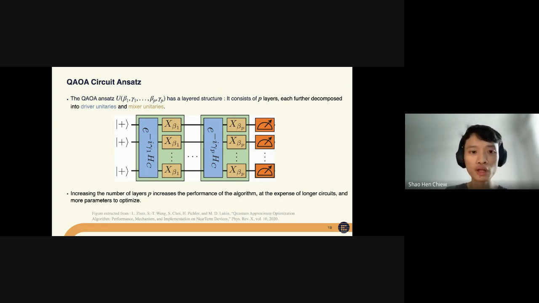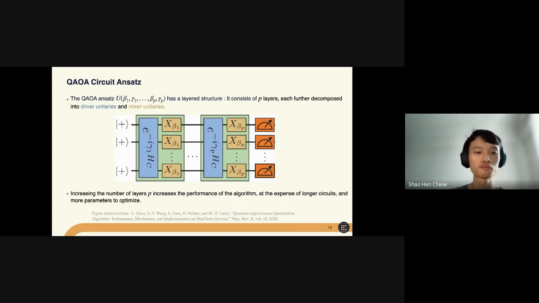With only a small number of layers, you are restricted to a very small region of the Hilbert space, and the solution of your problem may not lie within this very small space. So you need to slowly increase the value of P until your solution is close to the set of solutions that you can reach.